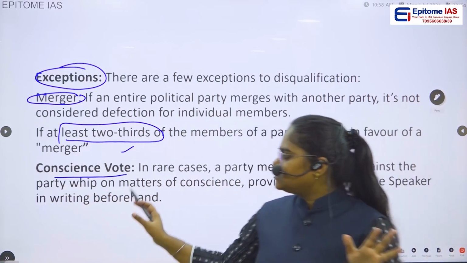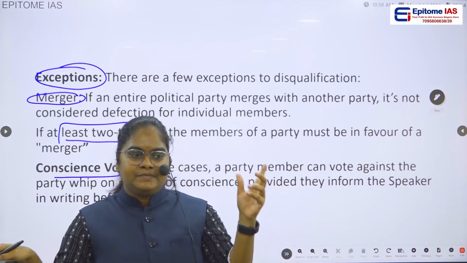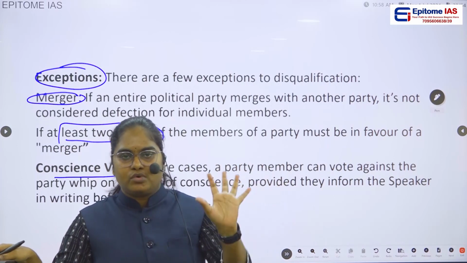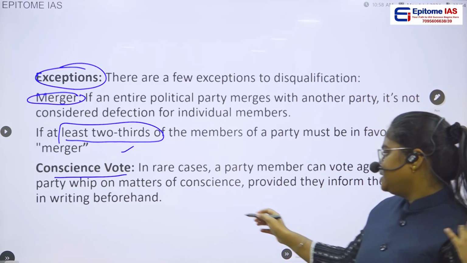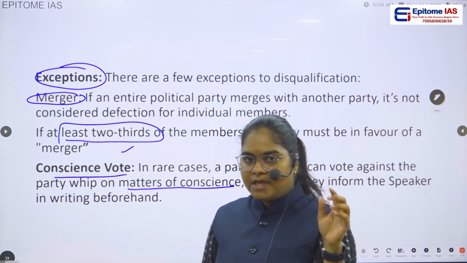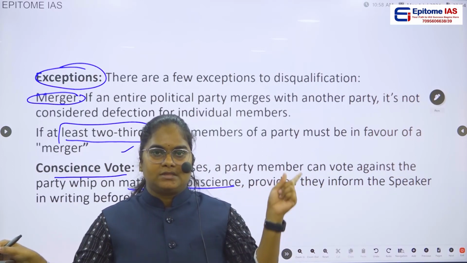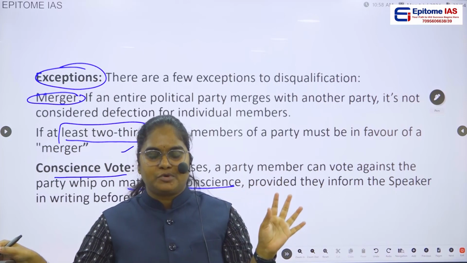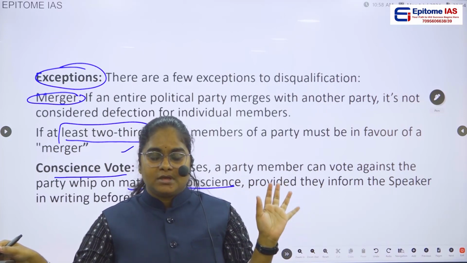Okay, then we have conscience vote. What is this conscience vote? In rare cases, what will happen? Let's say there is some sort of voting happening and it is a matter of conscience. Even though the party whip is giving some instruction, the member who belongs to that political party wants to vote against that particular party whip, then what will happen?